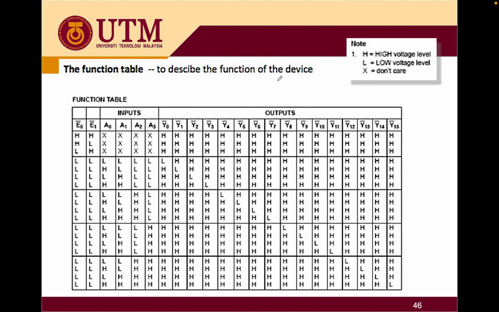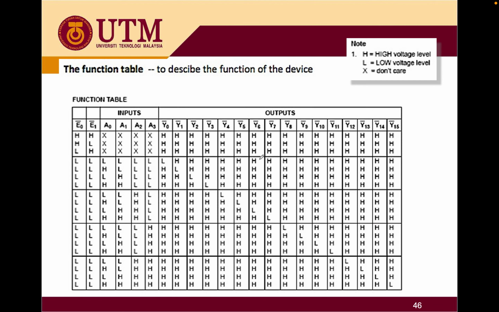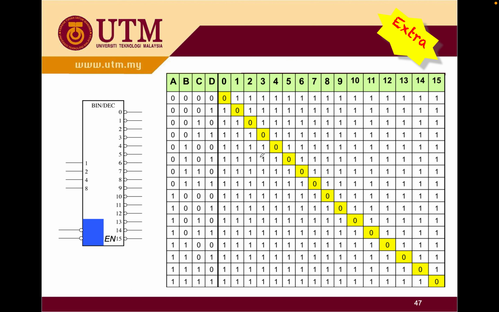And to describe the function of each device, there is a table a lot like this. It's slightly confusing for you, but in terms of numbering, you're going to have low and high, low and high. Okay, let's check. 0, 0, 0. If you still remember, 0, 0, 0 will be a 0. And normally for active high, you're going to have 1 at the specific value of 0.